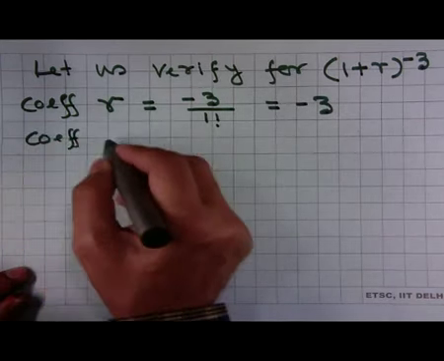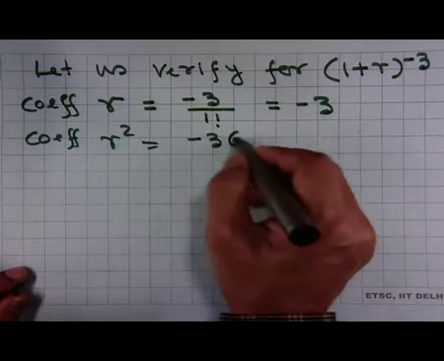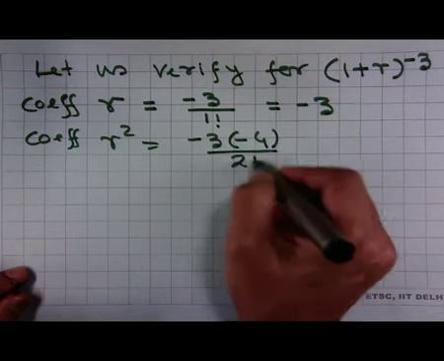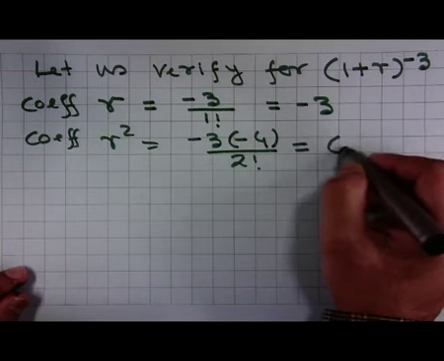Coefficient of r square is equal to minus 3 into minus 4 upon 2 factorial, which is equal to plus 6.